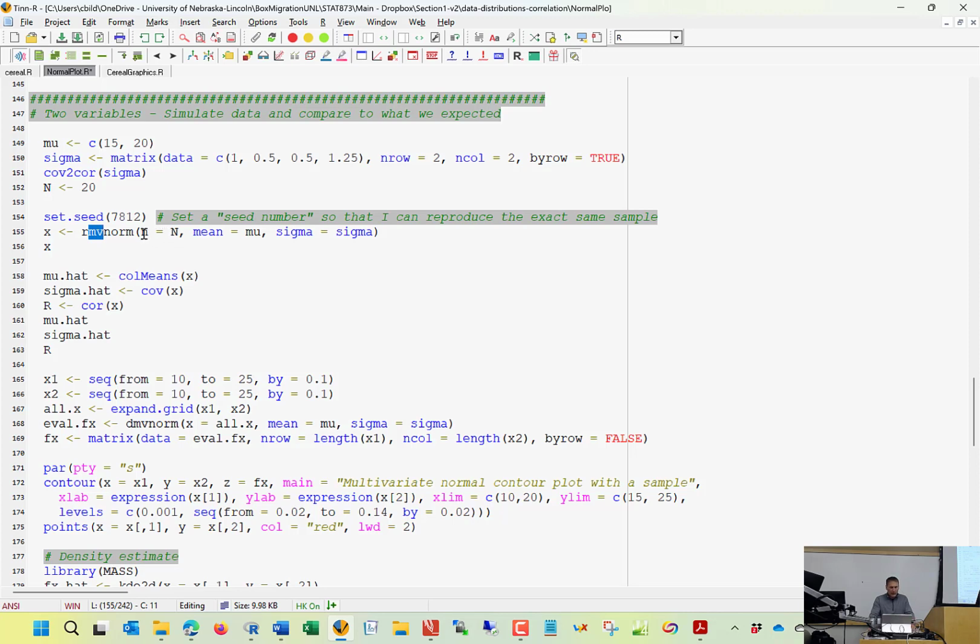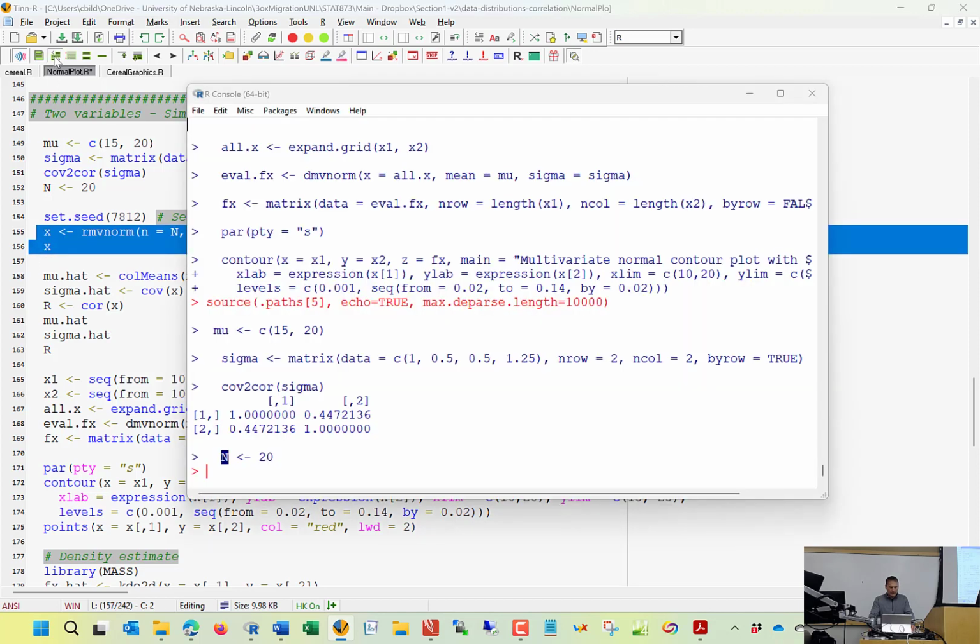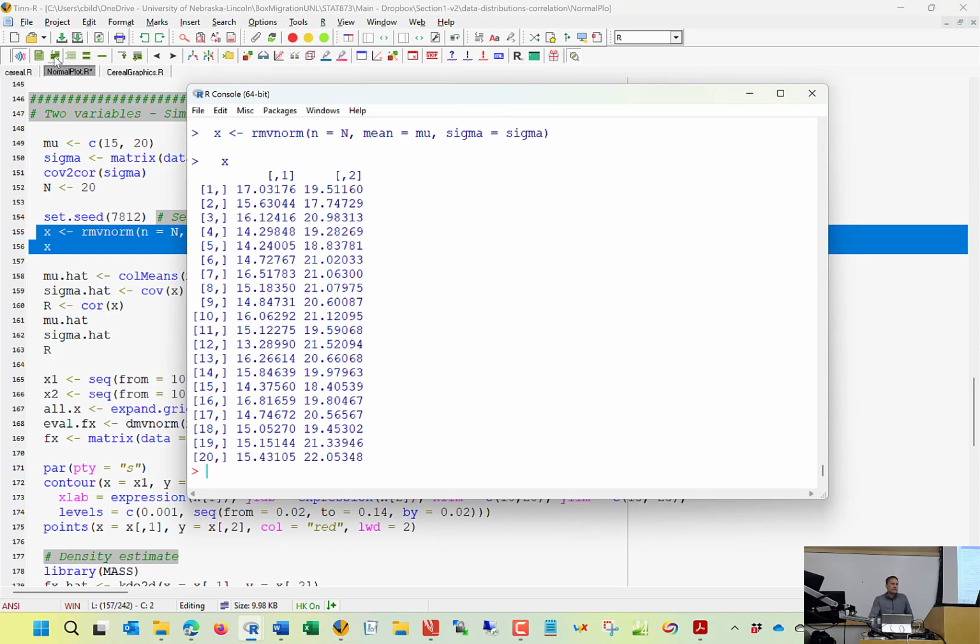It works where the first argument is a little n, where you put in your sample size. Then you put in your mean vector for the mean argument and the covariance matrix for the sigma argument. If I go ahead and run this, this is what I get. My very first sampled item is a vector that is 17.03 for the observed value of x1 and 19.51 as the observed value for x2.